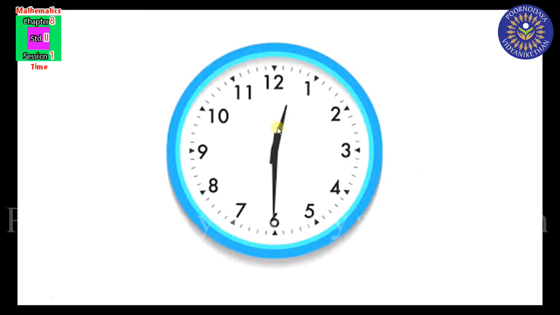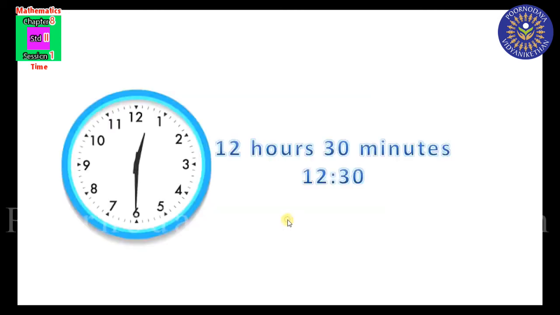See here, one more example. Here the hour hand just crossed 12. Isn't it? The hour hand just passed 12 and the minute hand is at 6. 6 into 5 is equal to 30. 30 minutes. Now read the time. 12 hours 30 minutes.